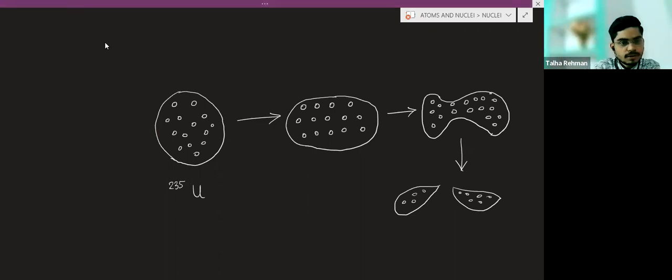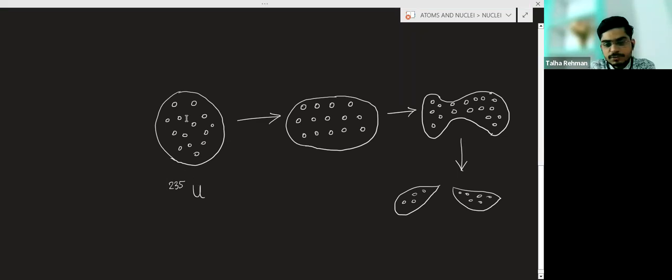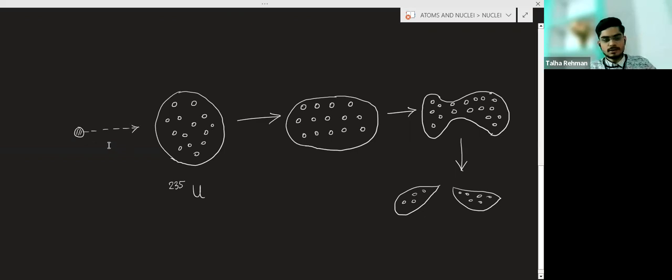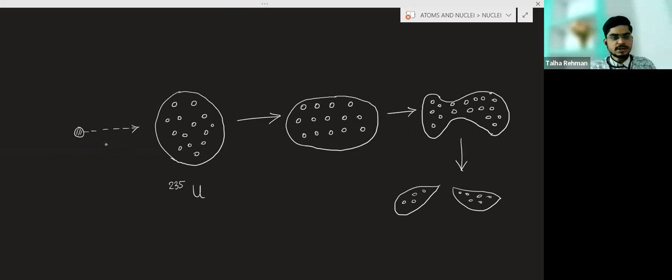So this is uranium-235, and inside this is the nucleus of uranium-235. Inside the nucleus, these are the nucleons, means protons plus neutrons. This is a neutron, and this is a thermal neutron.